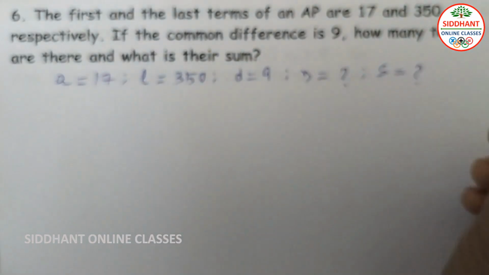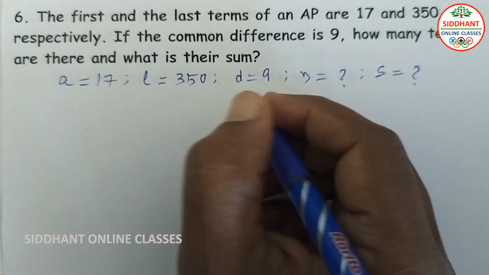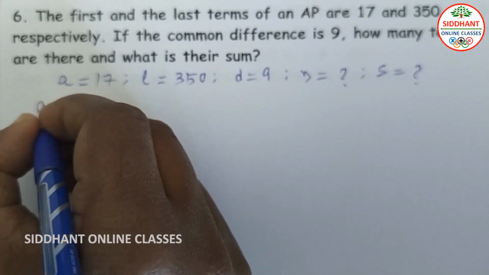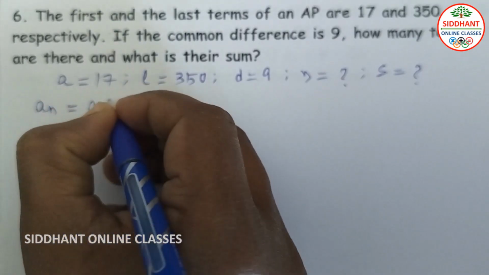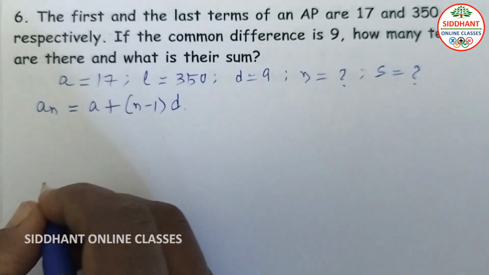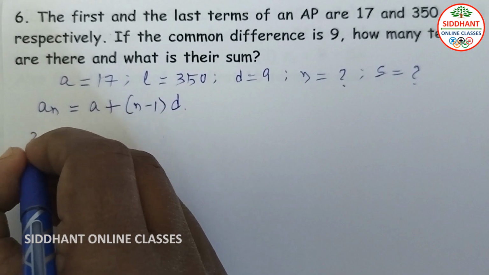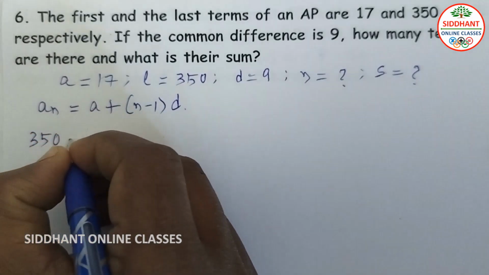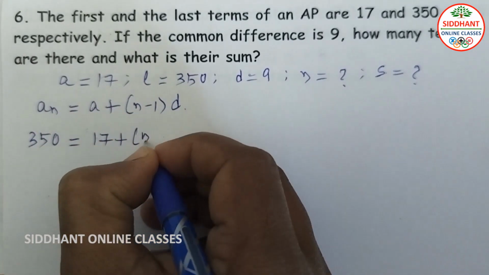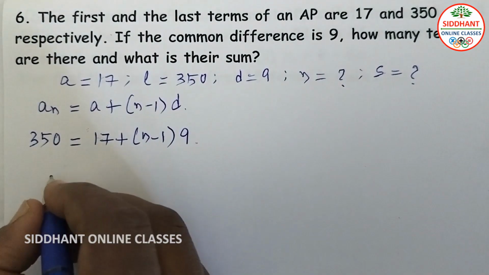First we find n. That means an = a + (n − 1)d. So an, which is 350, the last term, a is 17, and n we are going to find out. d is 9.